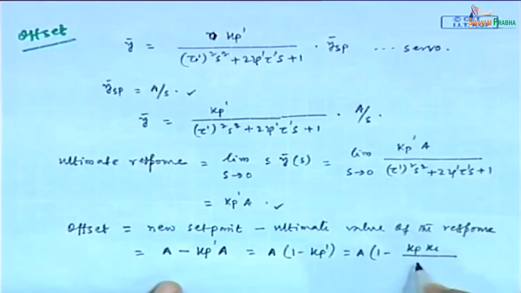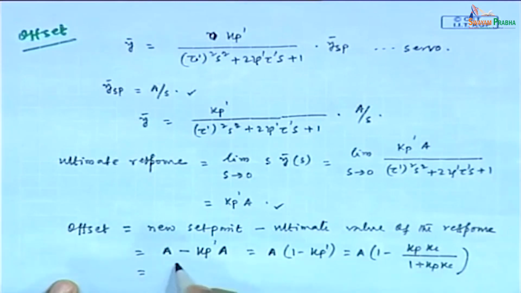Kp prime is Kp Kc divided by 1 plus Kp Kc. So the offset becomes A divided by 1 plus Kp Kc. Fine. This is the offset.